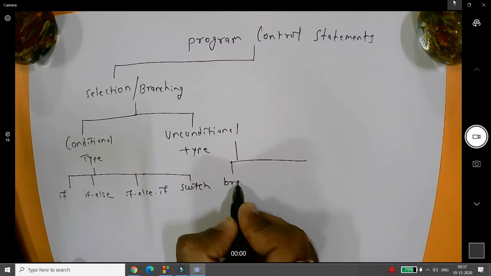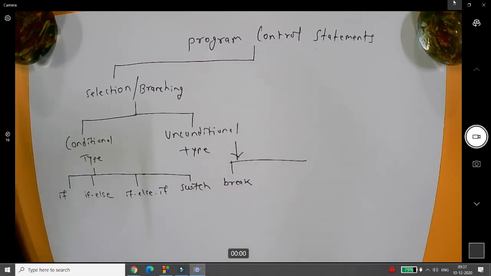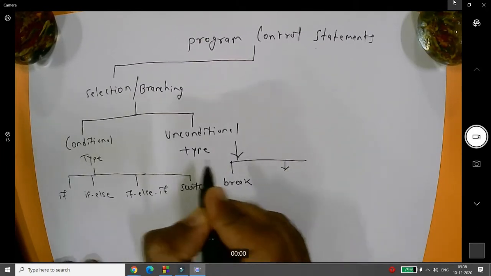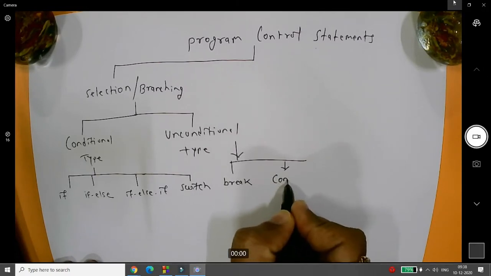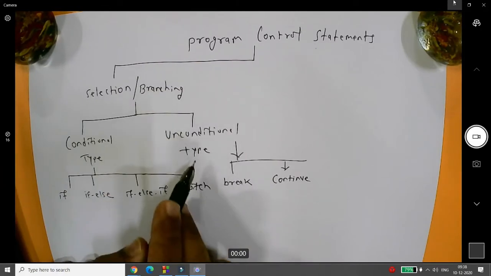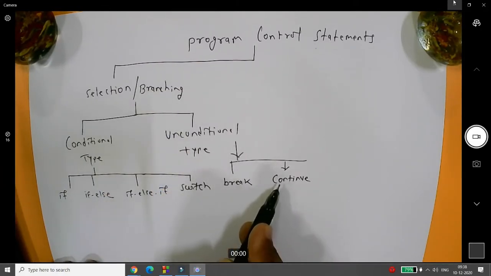One is break. Break is used to break a particular control statement. For example, if you want to break a loop, you can use break. If you want to continue your loop, you can use a continue statement. It is also a selection or branching statement, but it is unconditional because we don't need to write any condition. We can simply write continue.